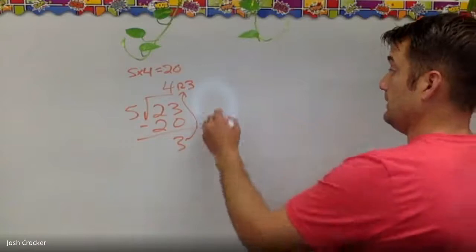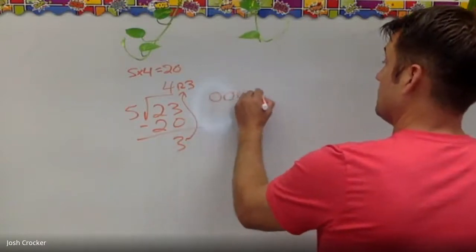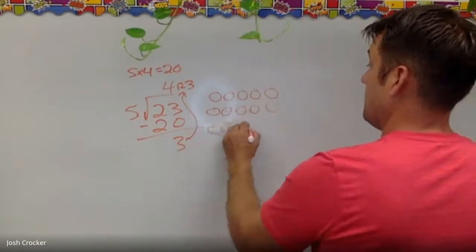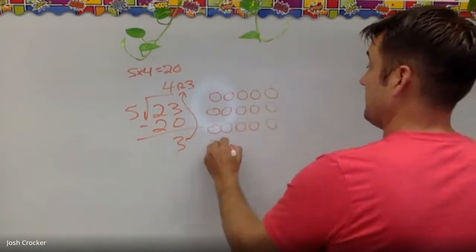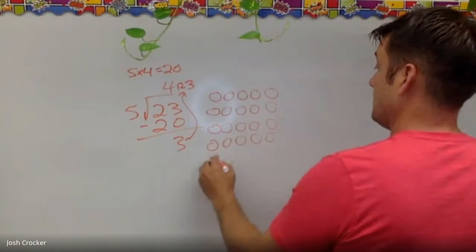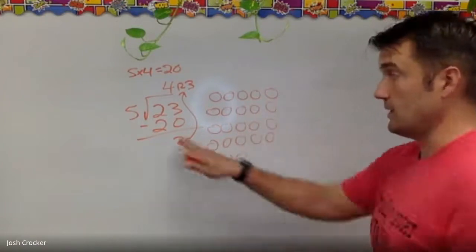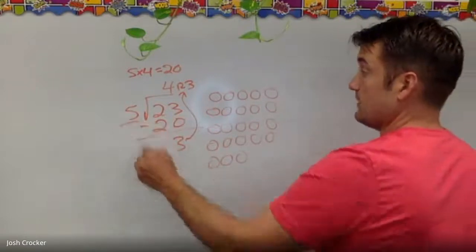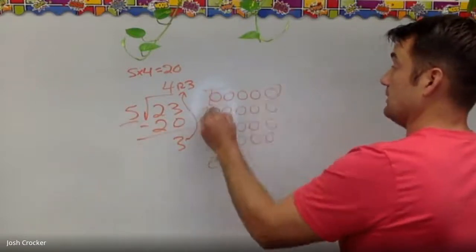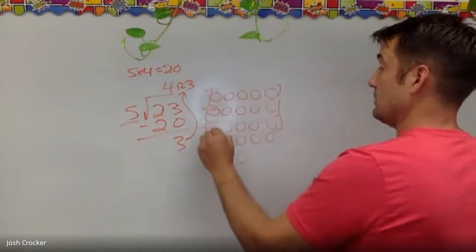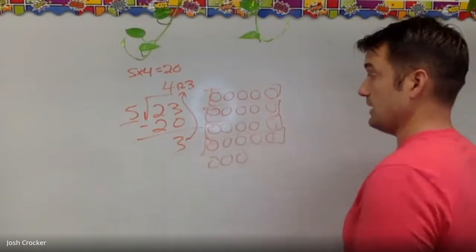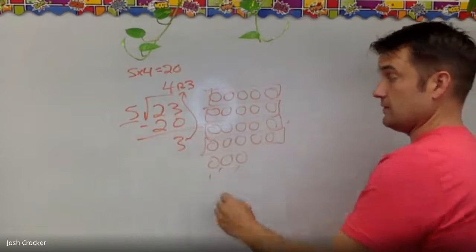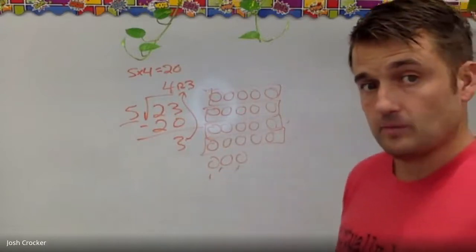Put another way, 5, 10, 15, 20. Okay, there's my 23 from my problem. I drew 23 circles. How many groups of 5 can I make? I can make 1, 2, 3, 4 groups of 5. That's my 4. 3 left over. Okay, remainder 3.